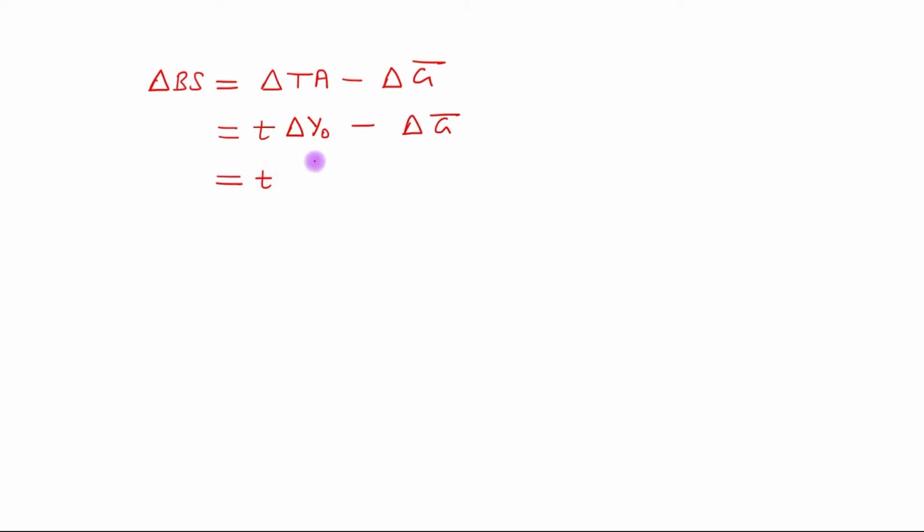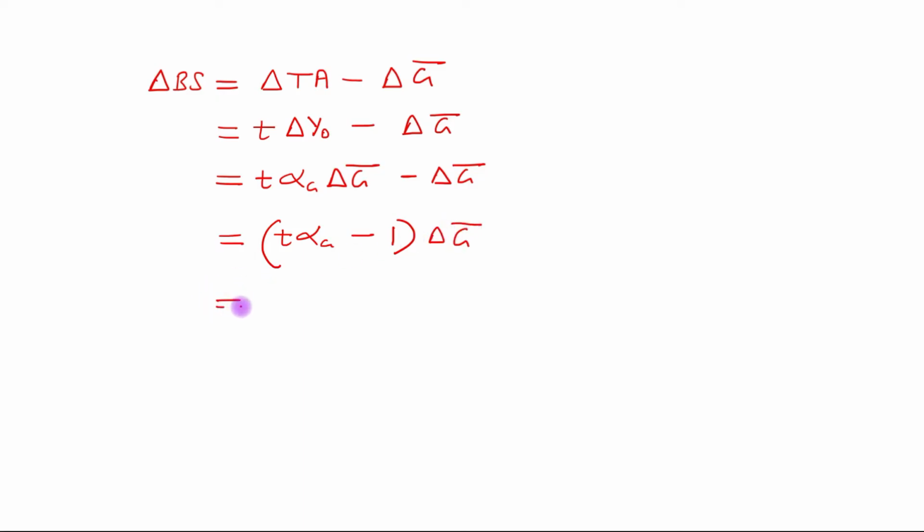Tax rate times change in equilibrium level of output was multiplier times change in G bar, minus change in G bar. Now we will take change in G bar common from these terms, so it will be T alpha G minus 1 times change in G bar.